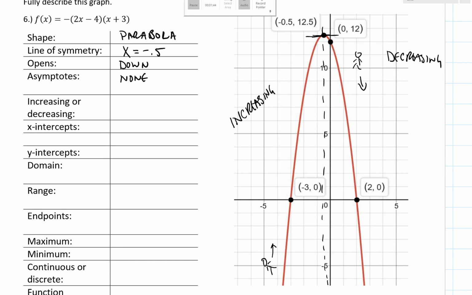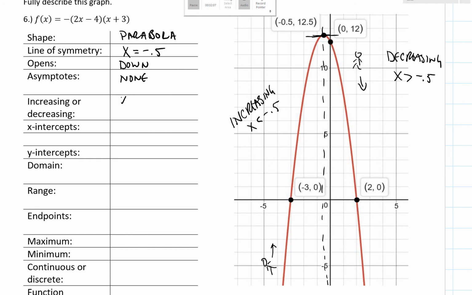So we are increasing when x is less than negative 0.5, and we are decreasing when x is greater than negative 0.5. And we don't use the equal sign because at this point we're not doing either increasing or decreasing.